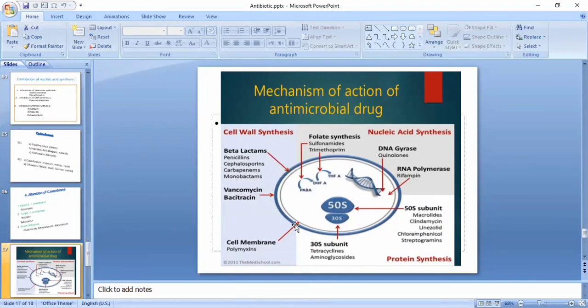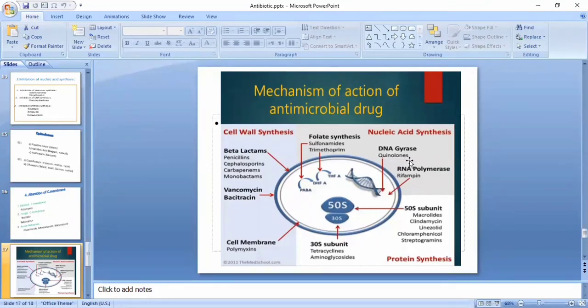They inhibit cell wall synthesis, which is very essential for the replication and survival of the bacteria. Until the cell wall is formed, there will be no replication and no growth, and the bacteria cannot survive. So the mode of action of these drugs is to inhibit cell wall synthesis.